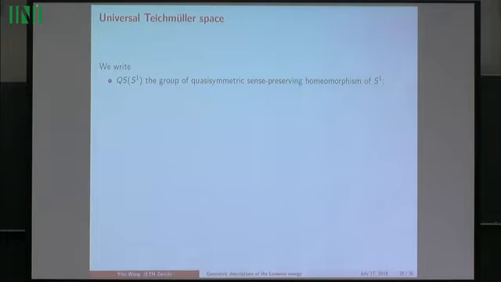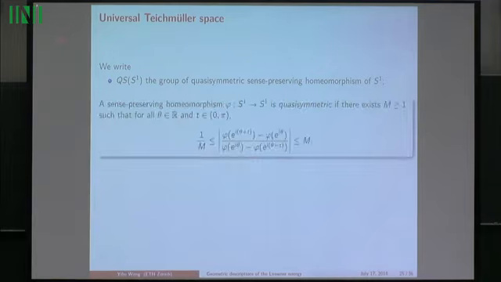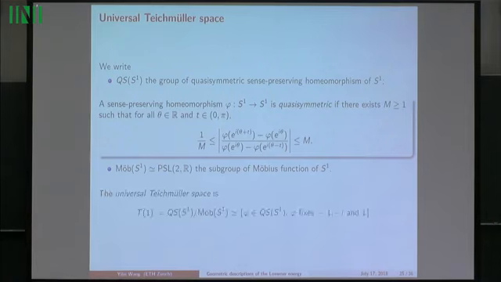If we take the group of quasi-symmetric homeomorphisms of the circle S1, a homeomorphism is called quasi-symmetric if there's a constant M such that for all theta and t, the ratio of the distances of the images of points at equal distance is bounded above and below by M and 1 over M. There's a subgroup of the quasi-symmetric homeomorphisms, the Möbius group, that is the Möbius transformations preserving the circle.